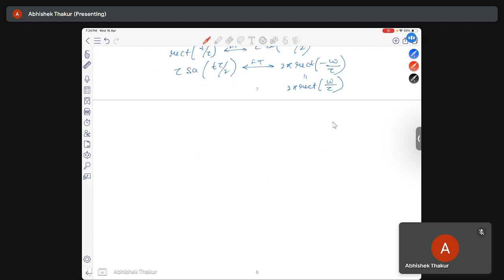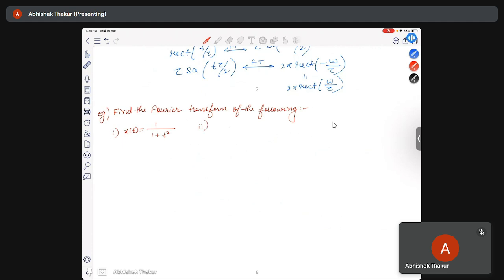So now let's find the Fourier transform of the following. First, x(t) is equal to 1 by (1 + t²).